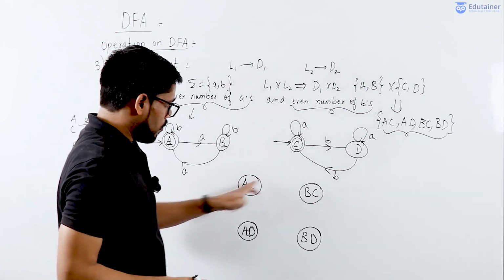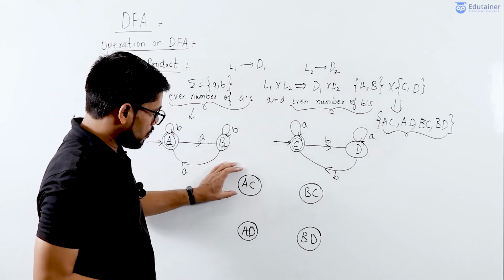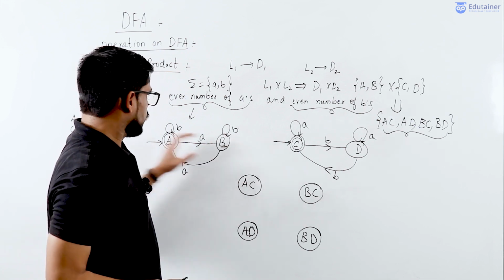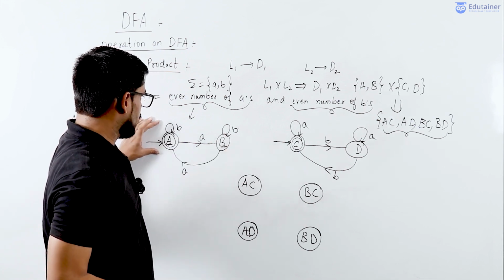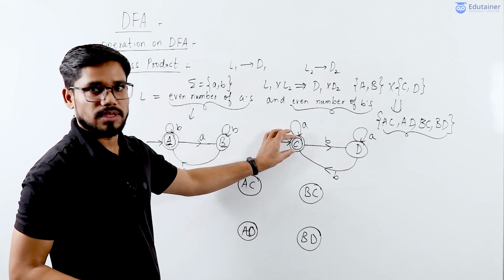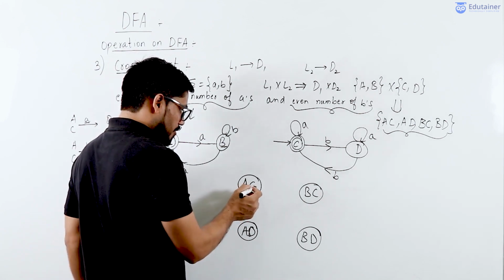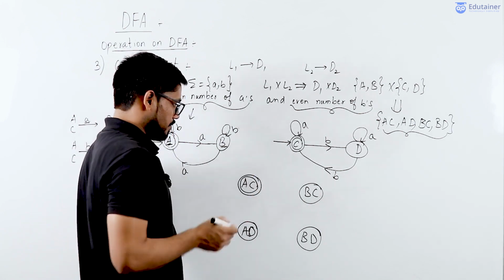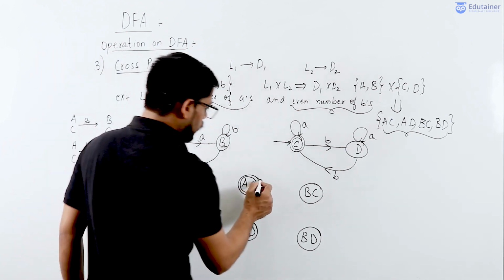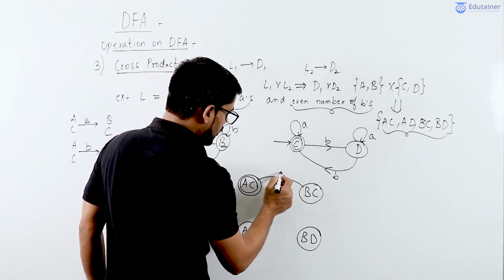And of these 4 states, which state is the final state? If you look back at the previous diagrams, the final state is capital A here and the final state is capital C there. So in this final diagram, the final state is AC, and AC on small a will go to the state BC.